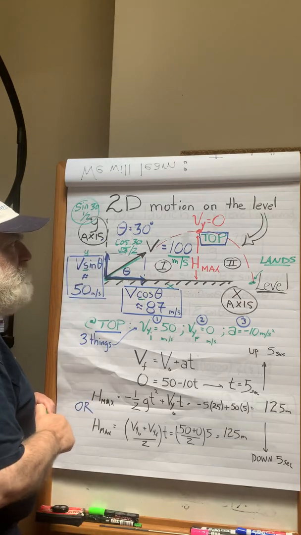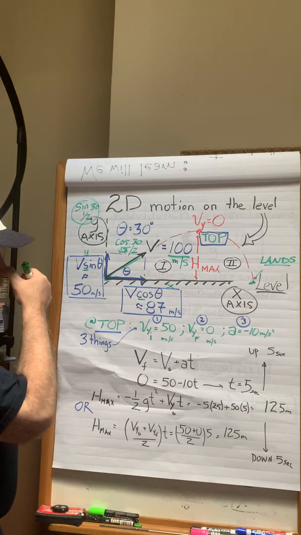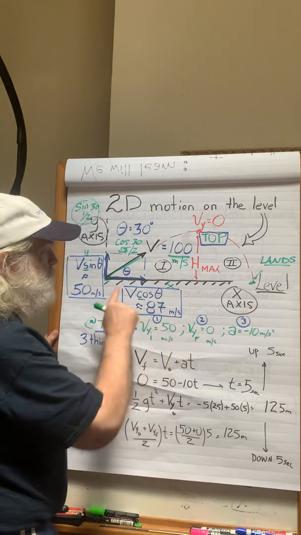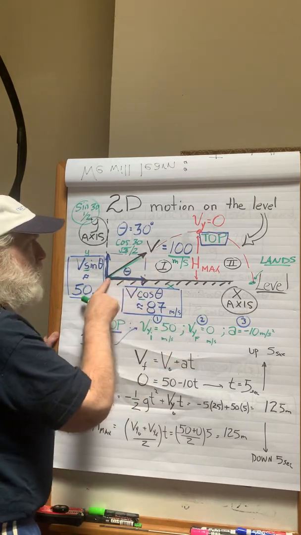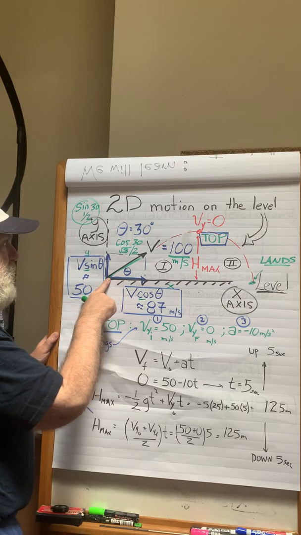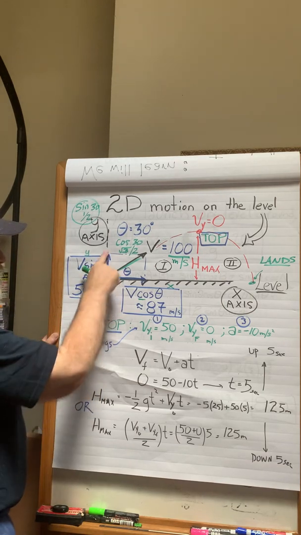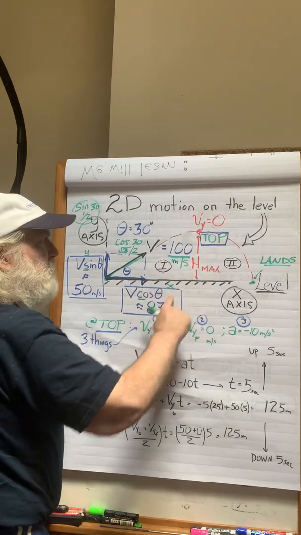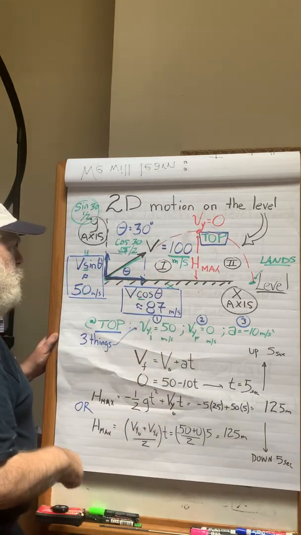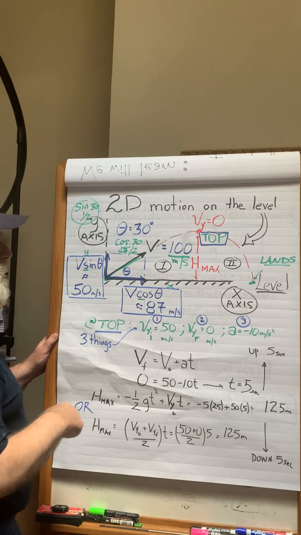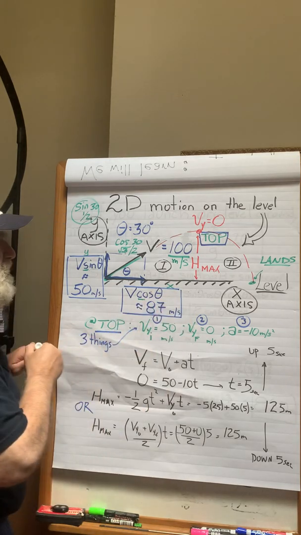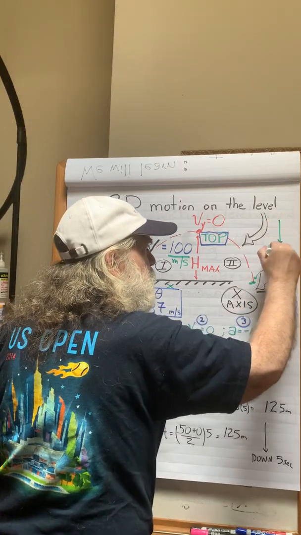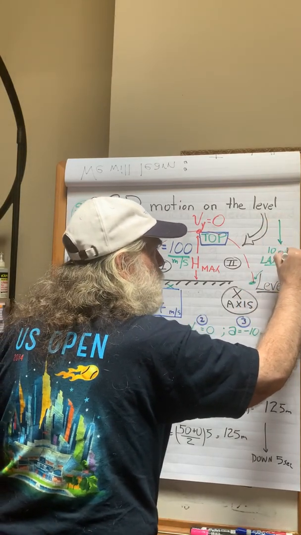So let's look at the big four, which we often write down. If we don't know where to start, we write down the 4 equations of motion, and we say that we know the initial velocity down here, it's upward at 50 meters per second. At the top, the up and down velocity is 0, so I know V0, I know V final, and I know that the acceleration is downward at 10 meters per second squared.